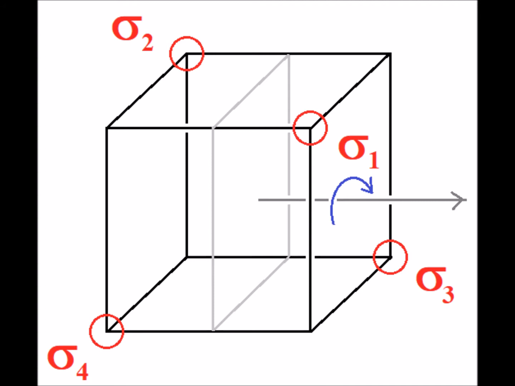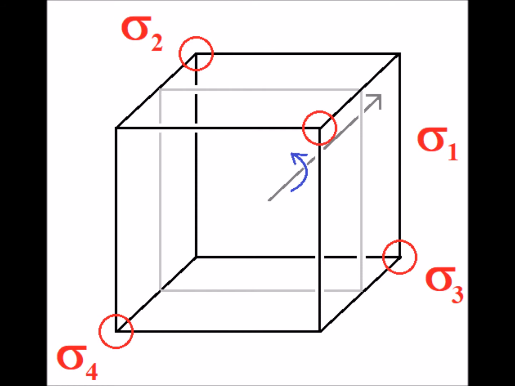Here is the third S4, a 90-degree rotation around the y-axis, followed by reflection through the mirror, which is shown in gray. The fourth S4 is along the same y-axis as the previous S4, but in the opposite direction, so we can consider it S4 to the minus 1 or S4 cubed.